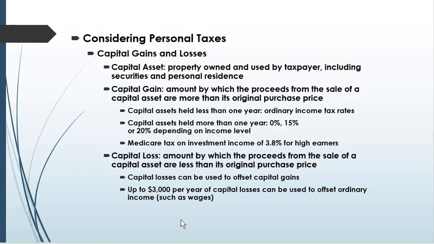So at the end of the year, it's the net amount that you pay taxes on. But if the capital losses exceed your capital gains, you can only deduct up to $3,000 every year to offset your ordinary wages.